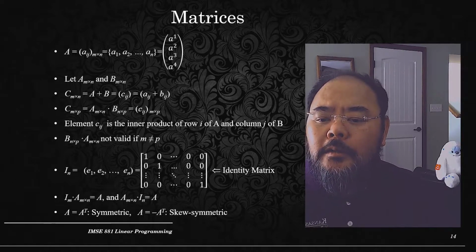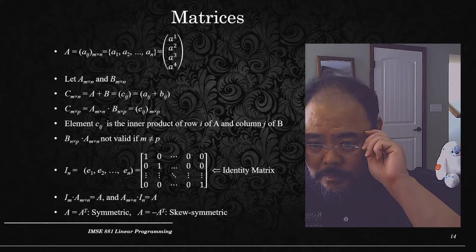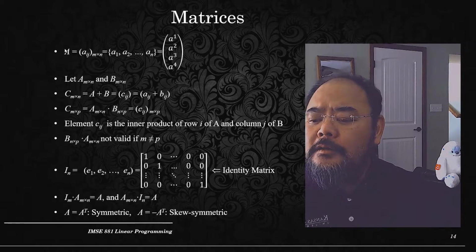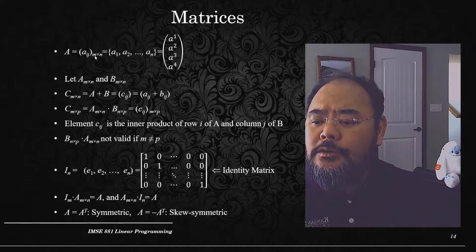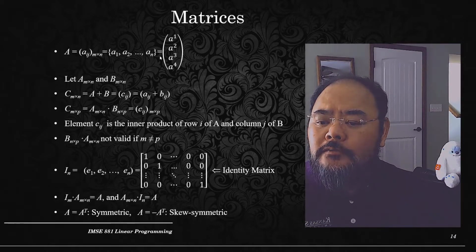Next slide, we're talking about matrices. We've finished with the n-dimensional Euclidean space, and we start talking about matrices. Matrix A, for example, with m times n dimension, usually we represent as Aij. I represents the row, J represents the column, and we can present them as a combination of column vectors A1 through AN, and we can also represent it by rows, which use a superscript.